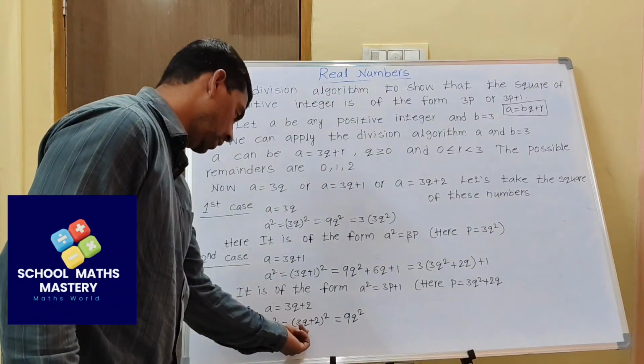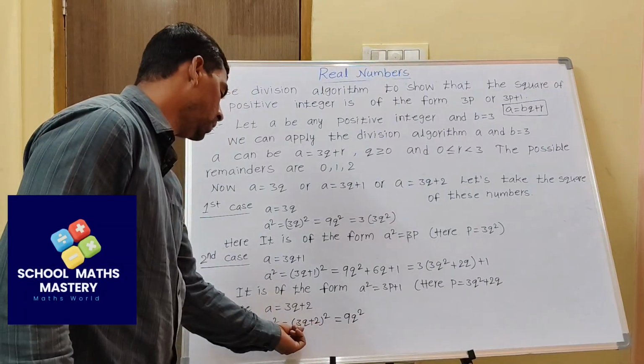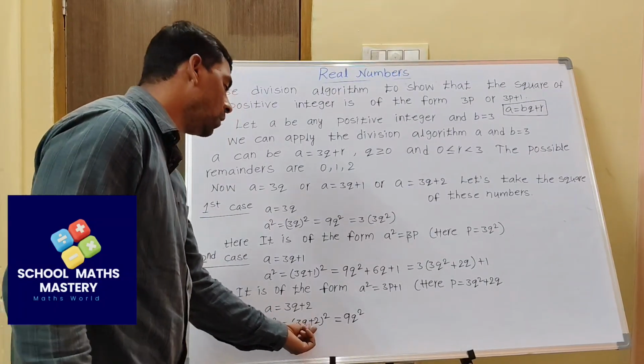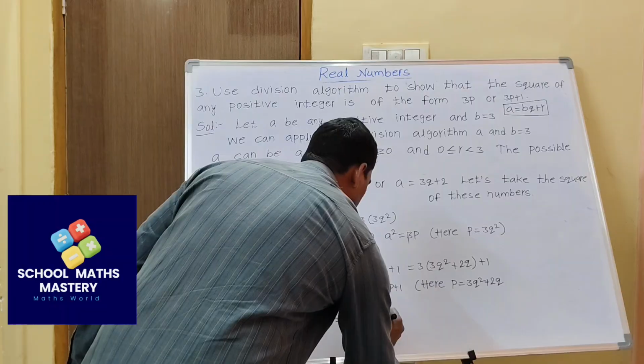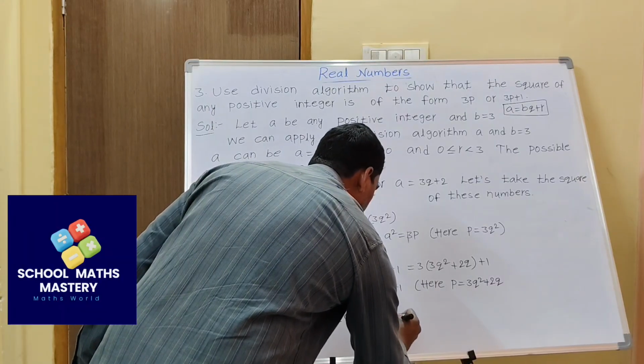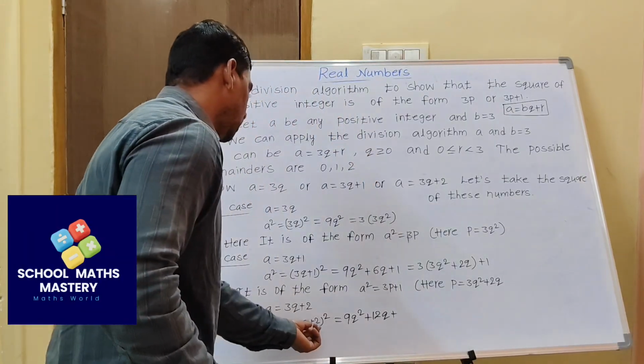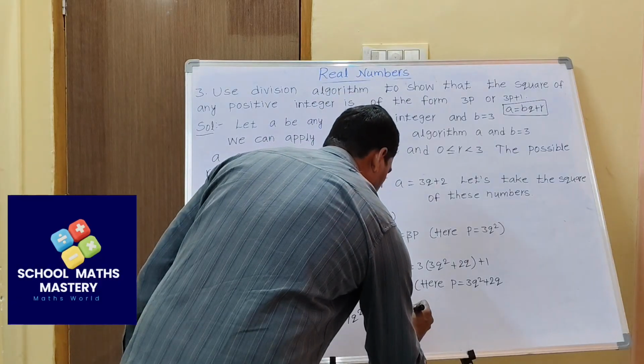So 2 into 3q into 2, 6q into 2, 12q, plus 2 square equals 4.